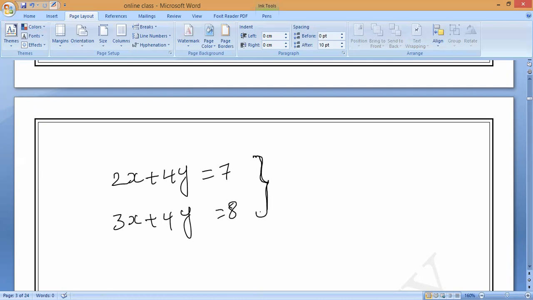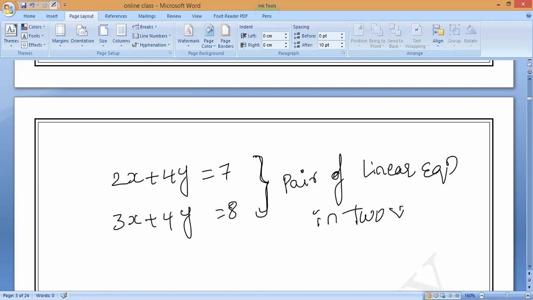These are called a pair of linear equations in two variables. In the chapter, we want two linear equations in two variables.